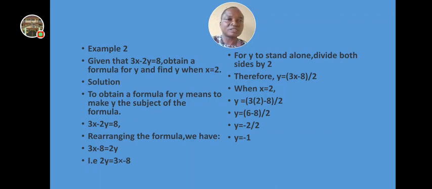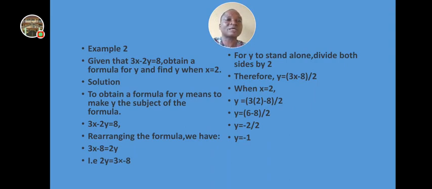Okay, now the next question, find y when x is equal to 2. When x is equal to 2, all you need to do is to replace x by 2 wherever you find x. That is what it means to substitute. So when you do that, you have y equal to (3 times 2 minus 8) all over 2.